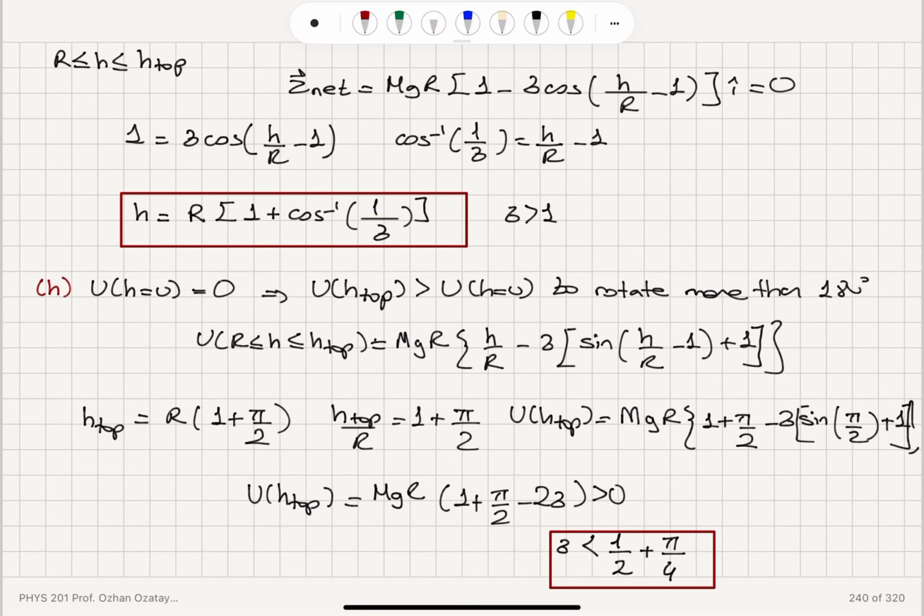That's the answer from part B. So we can calculate the total potential energy like this. And in that case, this has to be greater than 0 because the potential energy was 0 for h equals 0. So sigma has to be less than 1/2 plus pi over 4 for it to continue rotating after reaching 180 degrees.